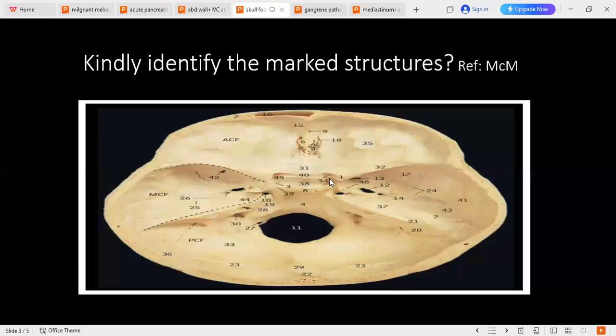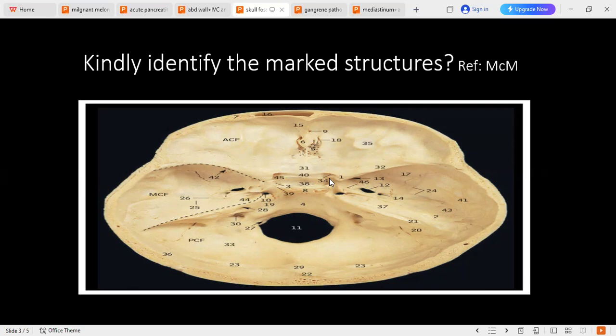If you could quickly tell me, what are the dural venous sinuses? Dural venous sinuses are between the two dural layers that drain the brain parenchyma to the internal jugular vein through the sigmoid sinus. Yes.